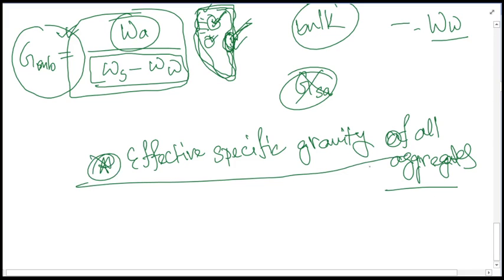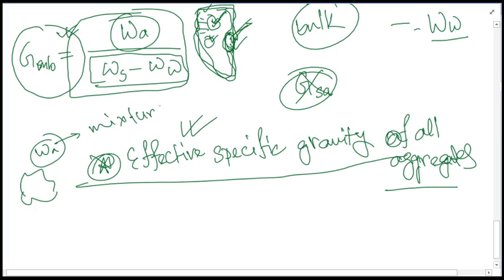In the previous case, a bulk specific gravity might be of aggregate or it might be of bitumen, depending on the weight which we are using. But in effective specific gravity, as we are totally ignoring bitumen, while weighing in water, in the previous case the weight was actually of the mixture.